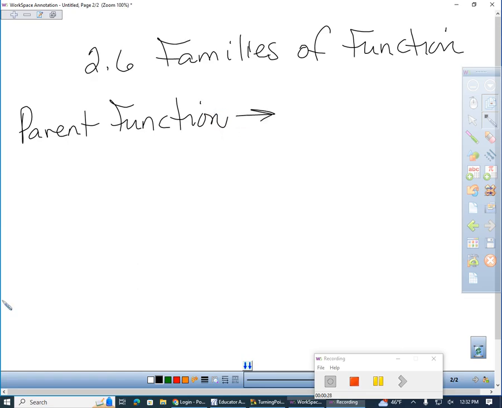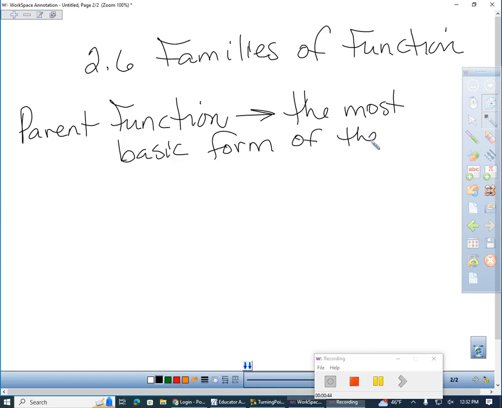The parent function is the most basic form of the function. Now we're going to take the most basic form and we're going to do things to it.